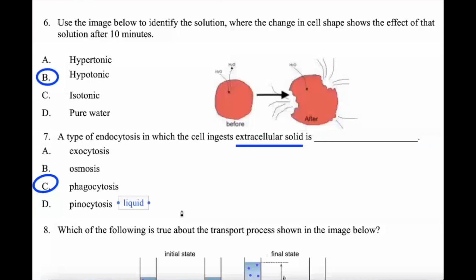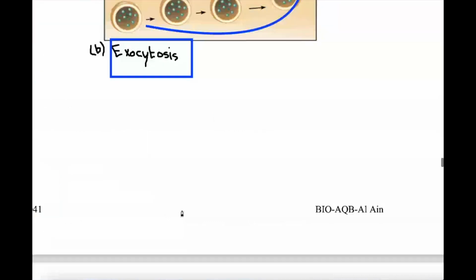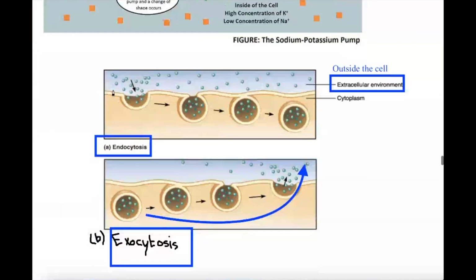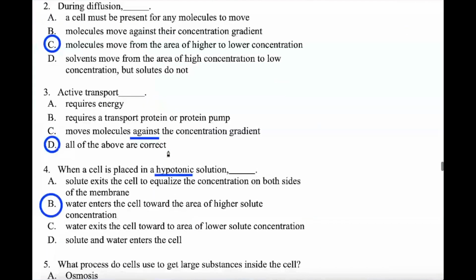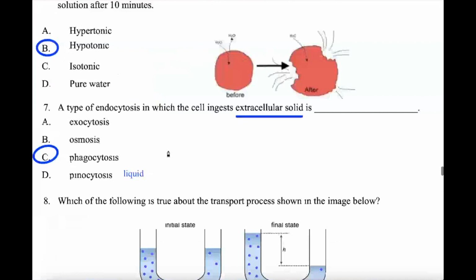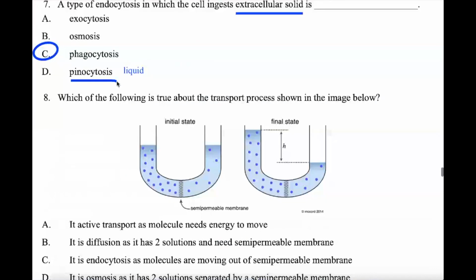Boys, look at this picture, the molecules are taken into the cell. It is called endocytosis. But if the molecules are solid, this will be called phagocytosis. If the molecules are liquid, this will be called pinocytosis. Exocytosis is moving the molecules out. Osmosis is only the movement of water.